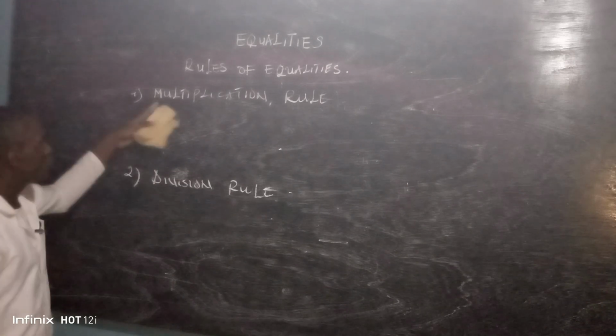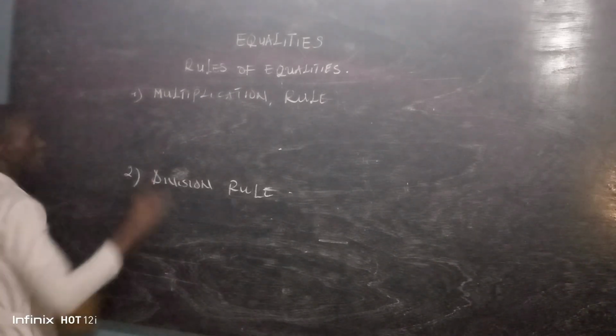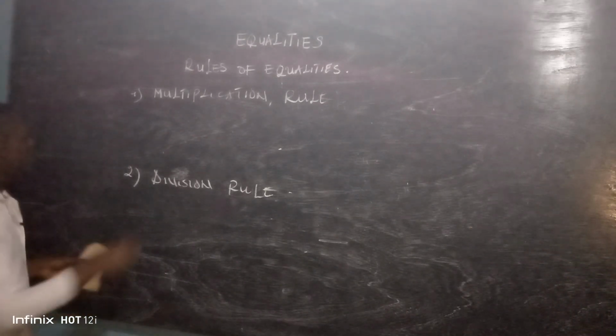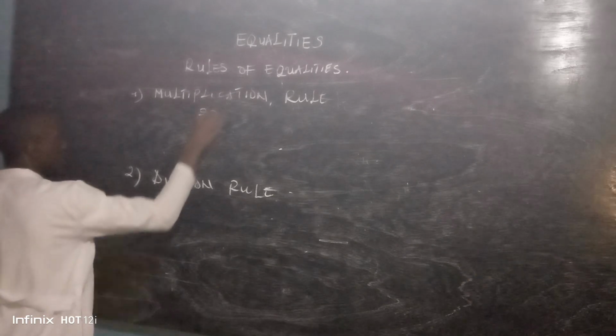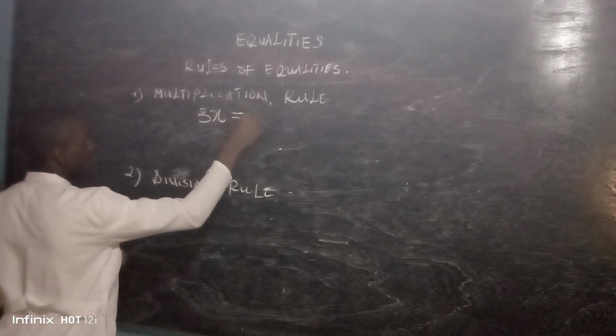Now, when you are doing the multiplication rule, the multiplication rule helps you to make a variable term the subject. For instance, let's say if I have 3x equals to 4.